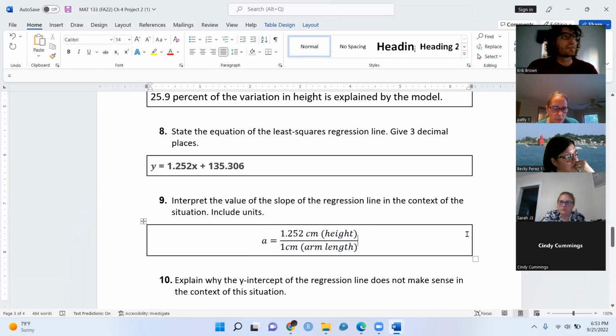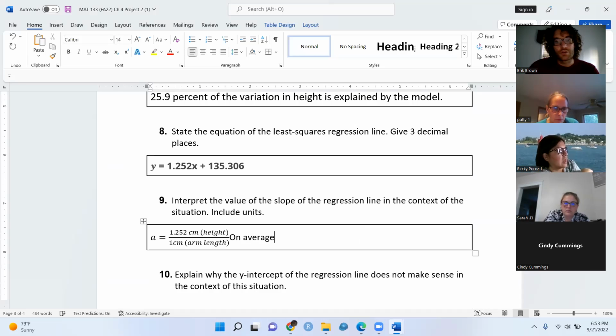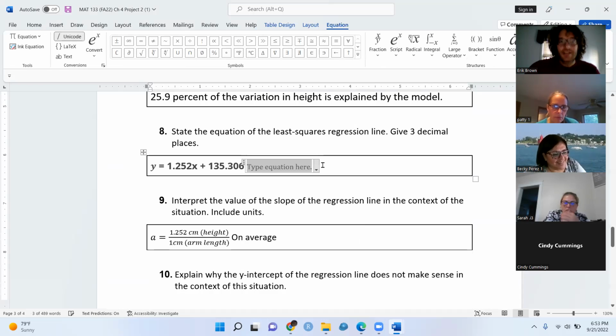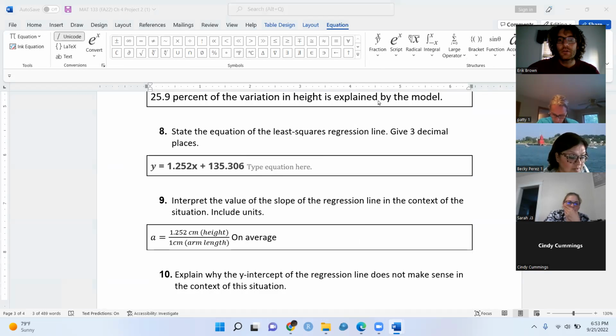And we start with that sentence structure. On average. How did you get that in there? How did I do that? If you hit Alt equal, it opens up the equation editor. Then I typed in the number.